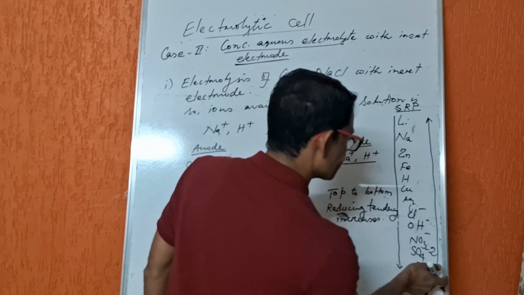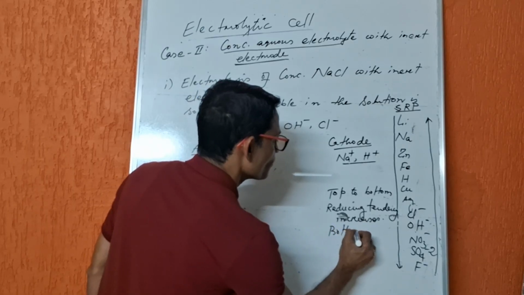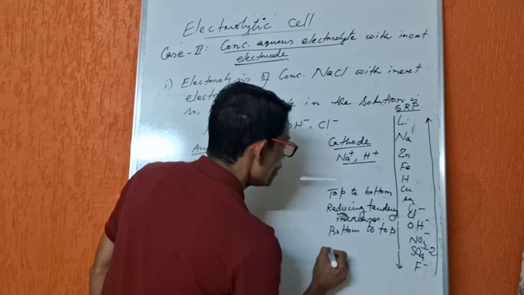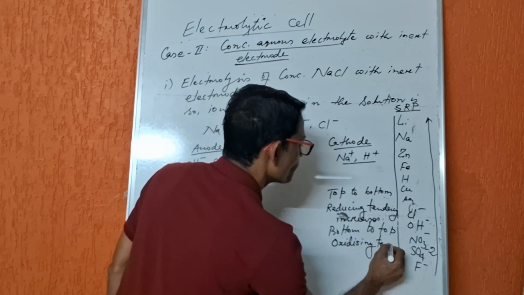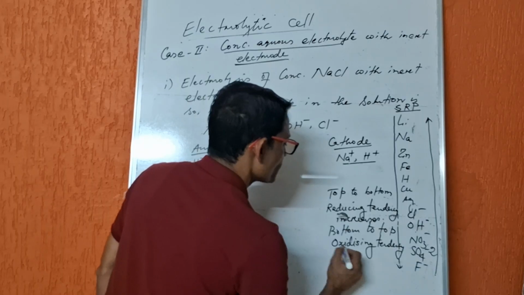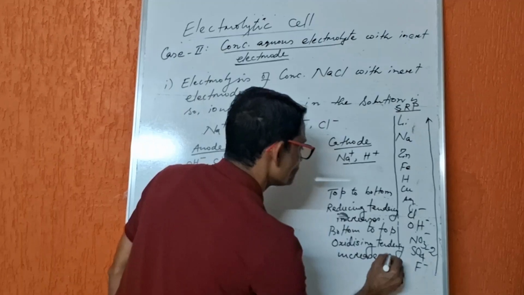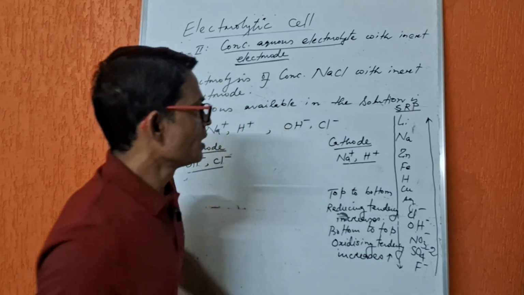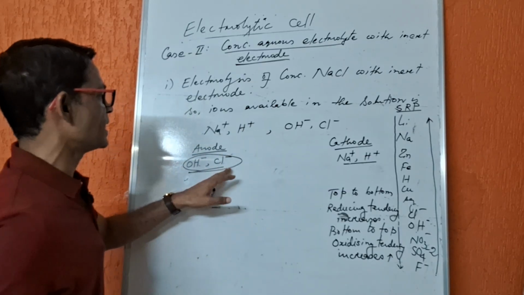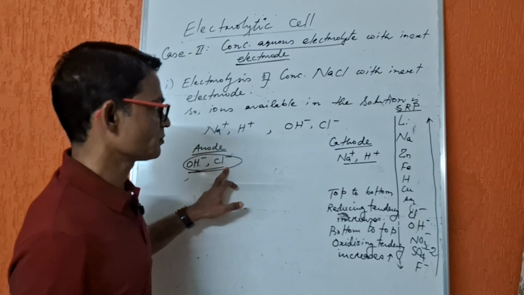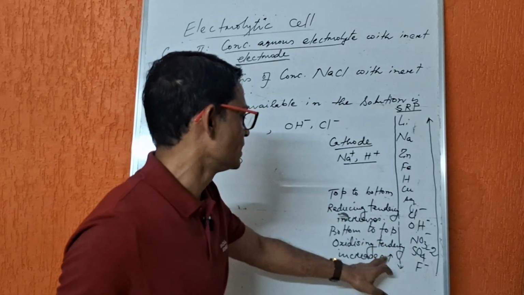So out of OH minus and Cl minus, which one has the more oxidizing tendency?